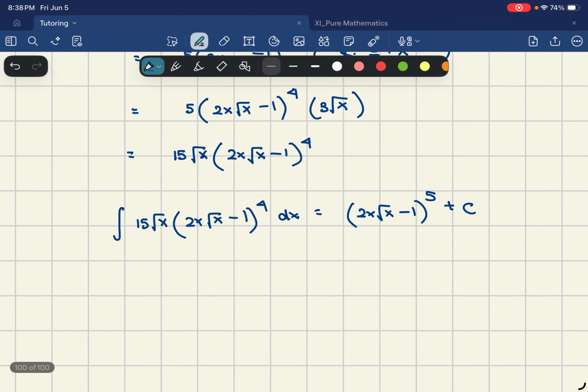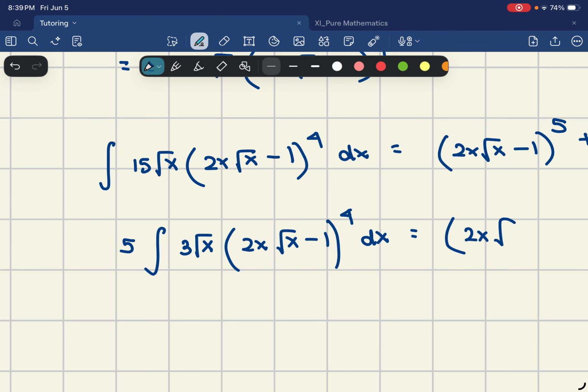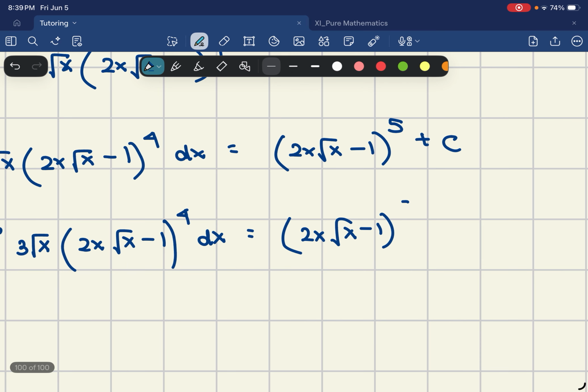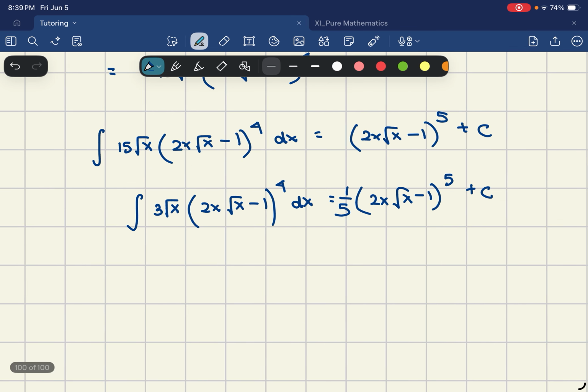We have 15, so let's factor out a 5. And if I factor out a 5, I'm going to get 3 square root of x times (2x square root of x minus 1) to the power 4 dx, equals (2x square root of x minus 1) to the power 5 plus c. And I just need to divide by 5 on both sides. And my final answer is going to look something like this. c divided by 5 is still a constant. And that is it. We are done with this topic.